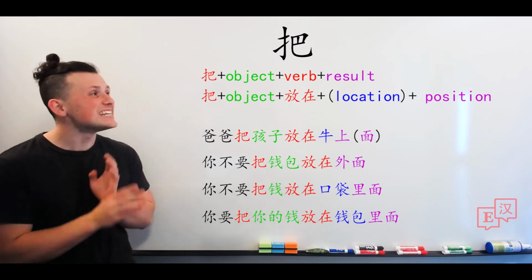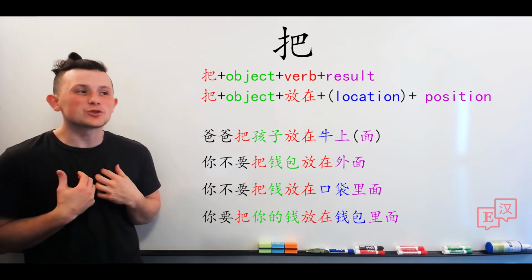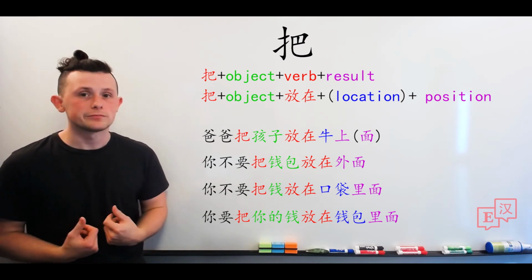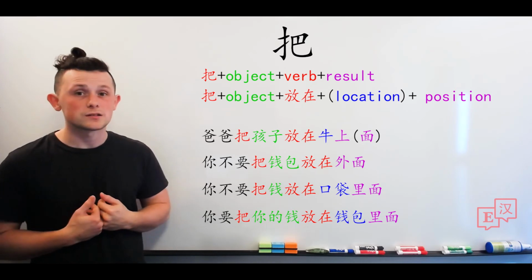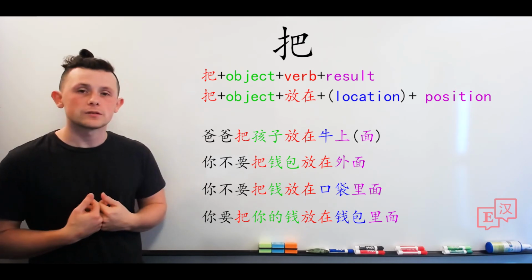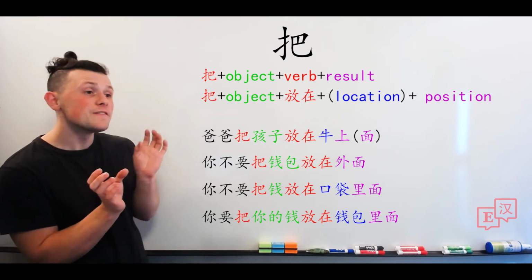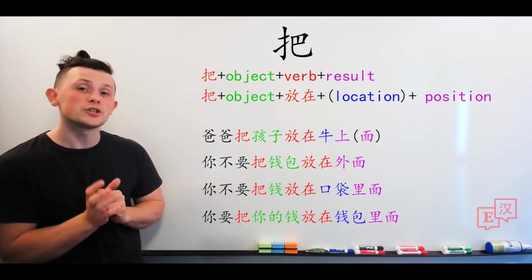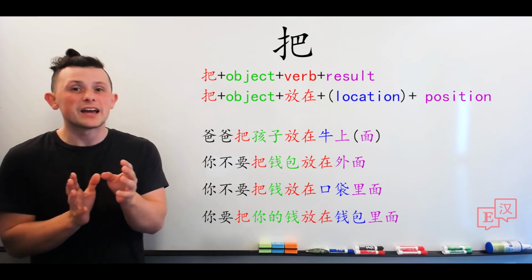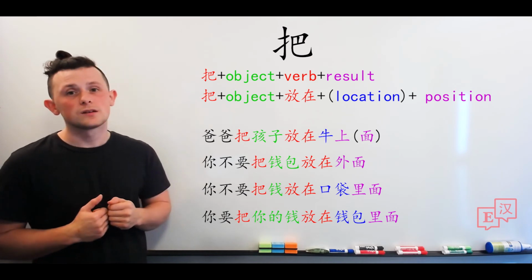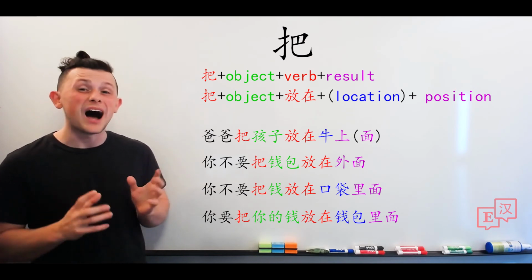Now, notice in each of these cases, I can translate this simply as put. Put the thing in the place. Put the thing on the place. And that's a really functional way to think of ba, fang zai. But it's important to know we can't just say fang zai, thing at place. We have to use this ba structure.